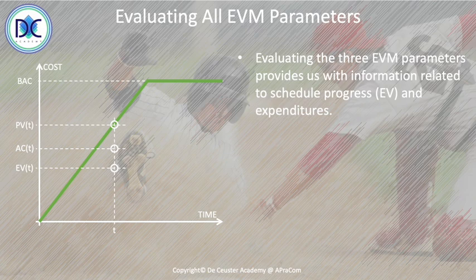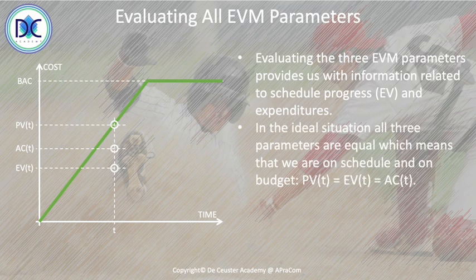When the earned value is higher than the planned value, we are ahead of schedule. So basically, in the ideal situation, the three parameters should be equal to each other. It means that we are on schedule and within the budget. So it would mean that the planned value is equal to the earned value is equal to the actual cost.